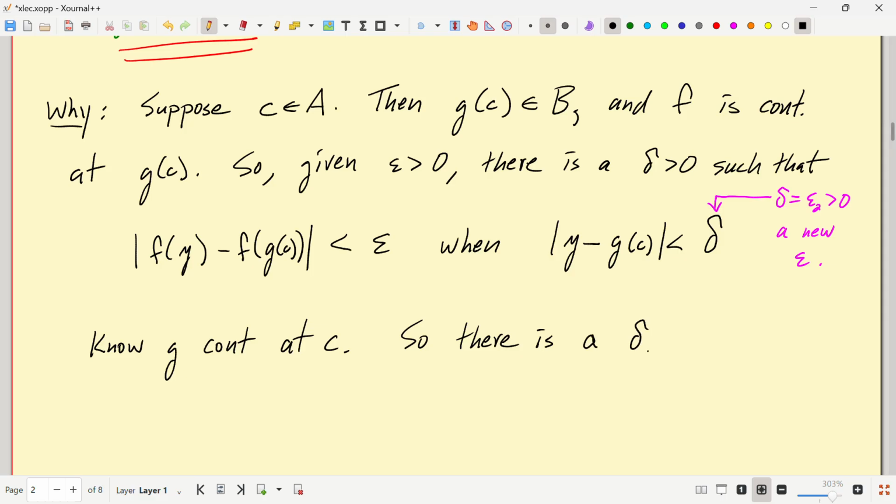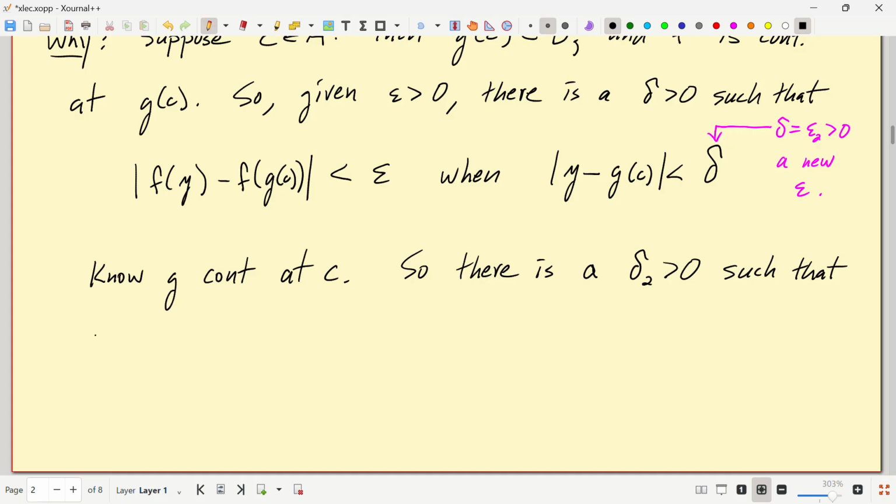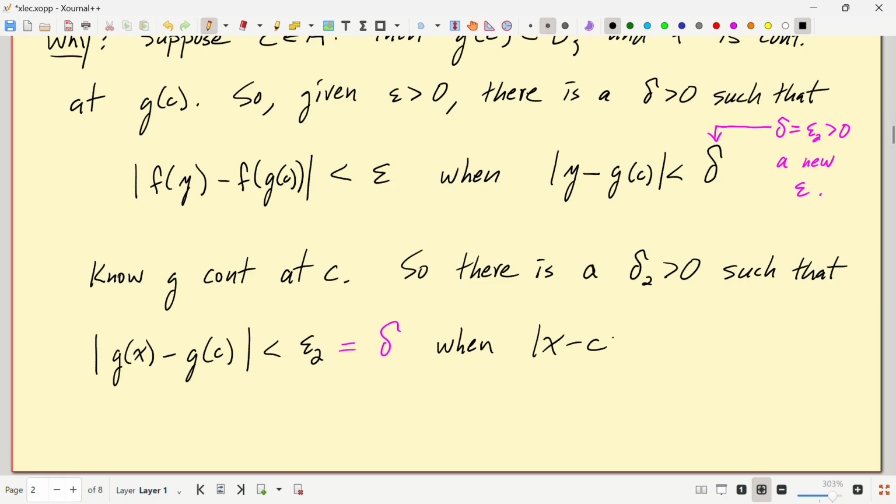There is a delta 2 bigger than 0 such that g of x minus g of c is less than that new epsilon, epsilon 2, which is equal to the first delta. And now if you put this all together, x minus c is less than this new delta.